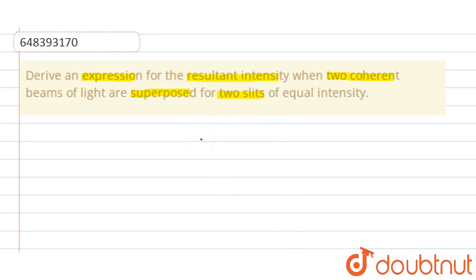Now students, let us consider y1 and y2. y1 and y2 are the displacements of two coherent sources of light.